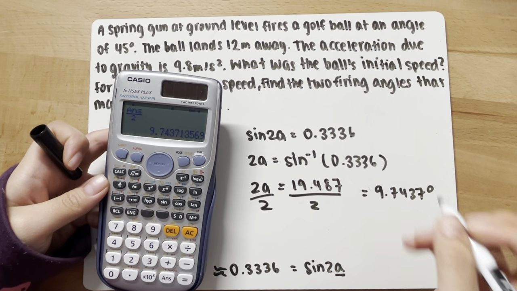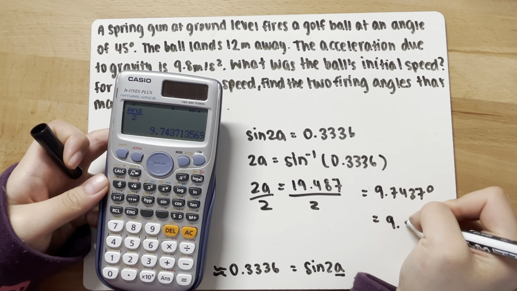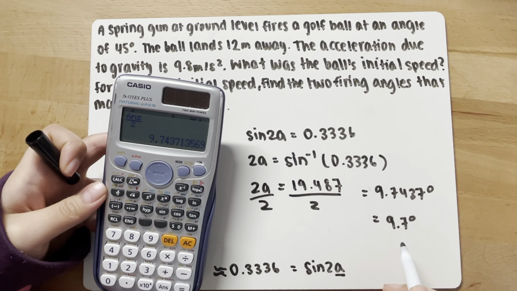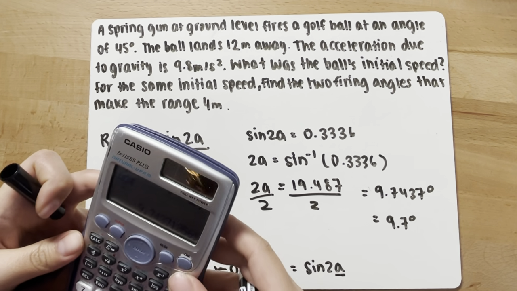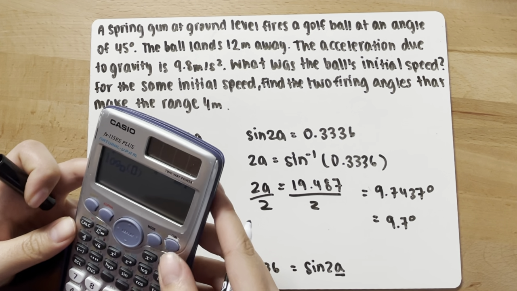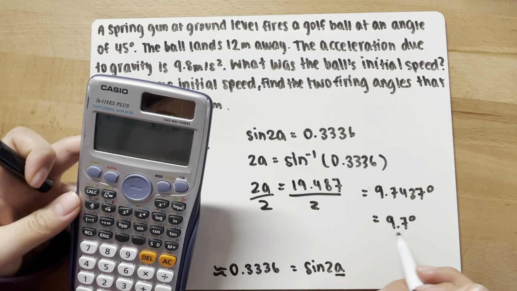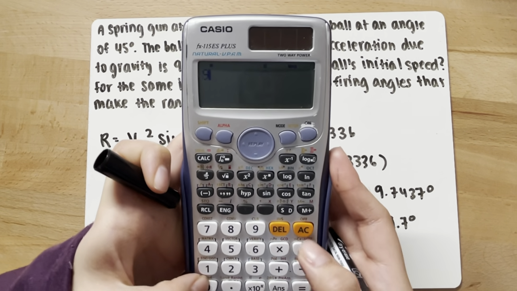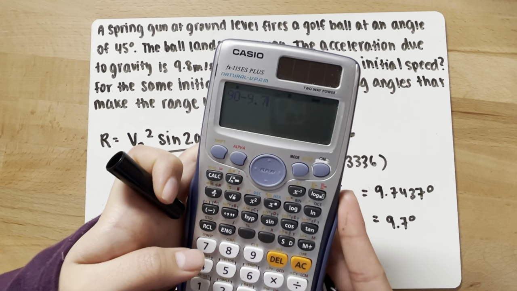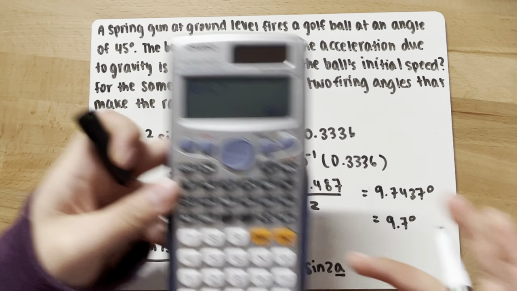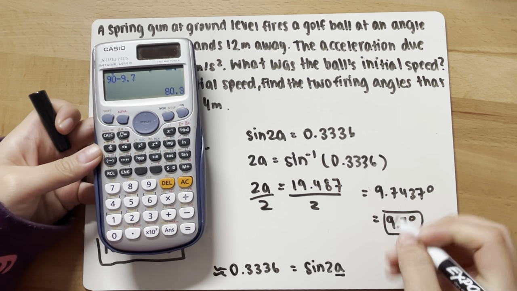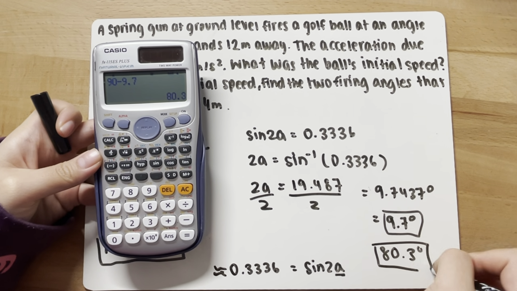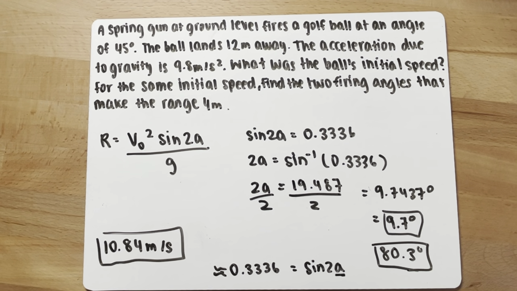And if you want to round to the nearest tenth, you get 9.7 degrees. This is the smaller angle. To get the larger angle, you subtract this smaller angle from 90. 90 minus 9.7, you get 80.3. So 80.3 is the larger angle. There you go.